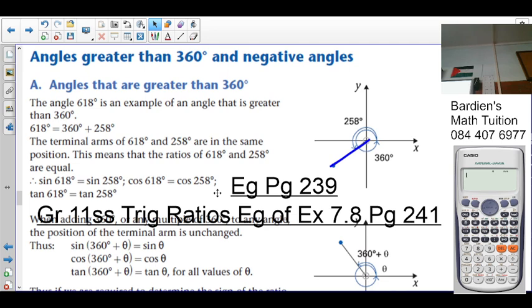That is why it's giving you the same ratio at the end. This means that the ratios of 618 and 258 are equal. Therefore, the sine of 618 is equal to the sine of 258, and cos of 618 is also equal to cos of 258. Tan of 618 is also the same as tan of 258. That's exactly what I said earlier, but I just used sine and cos.